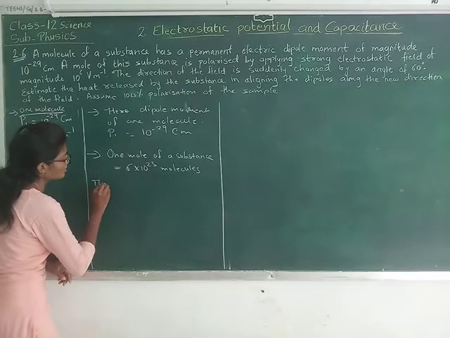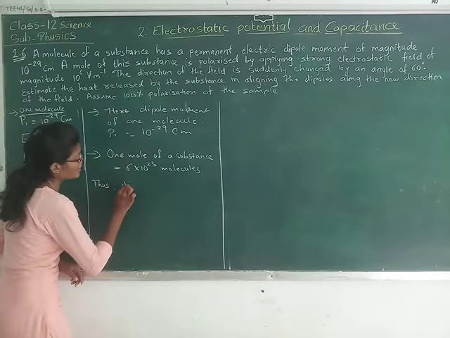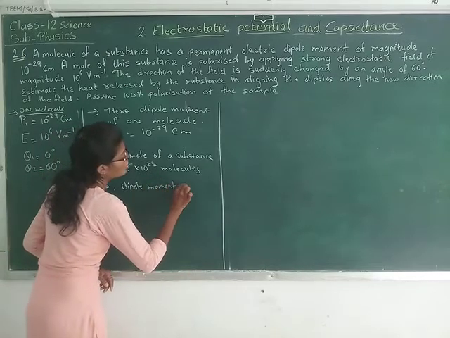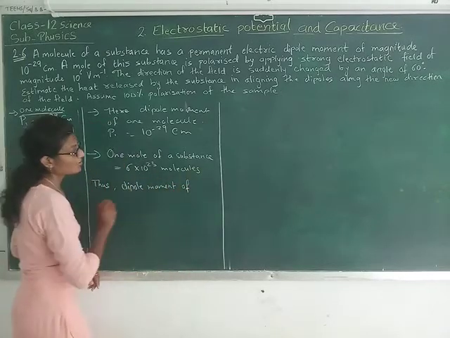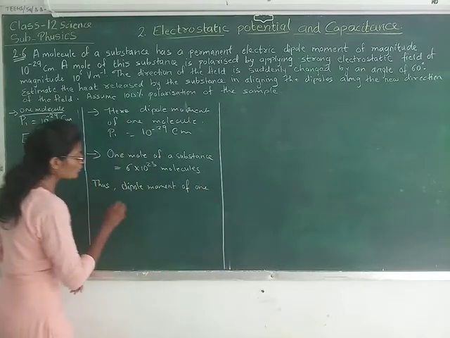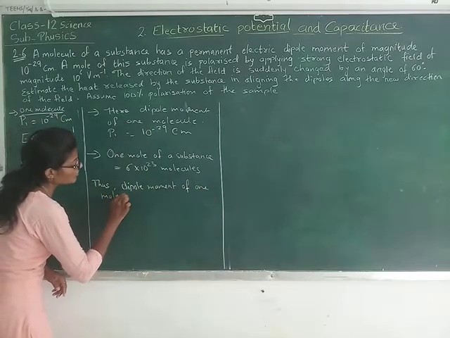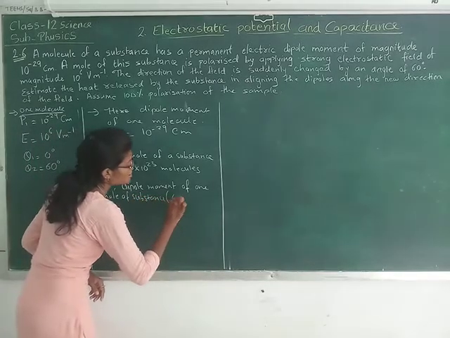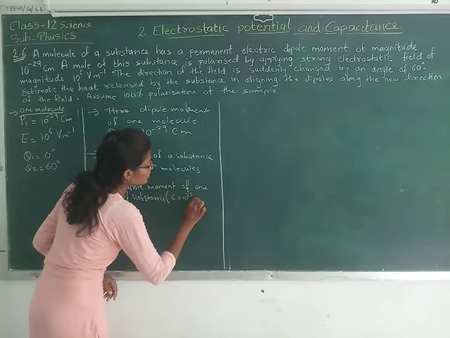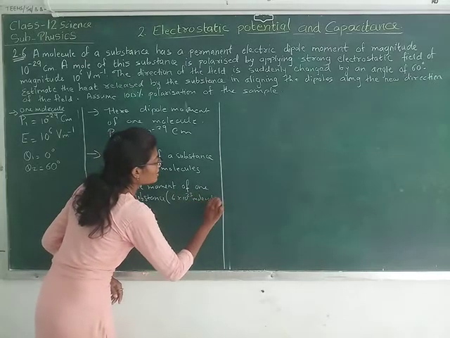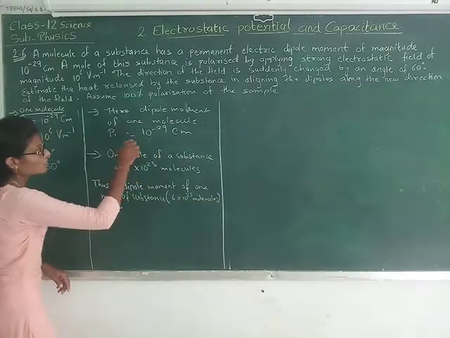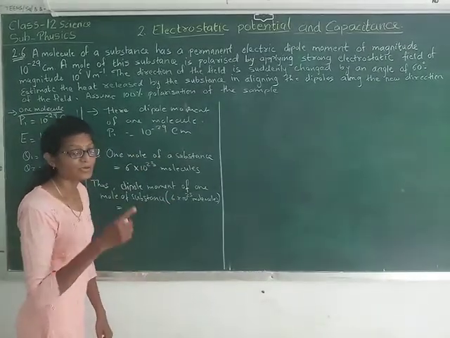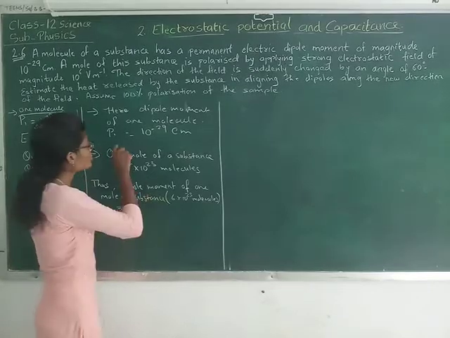Thus, dipole moment of these mole of substance, dipole moment of one mole of substance containing 6 × 10²³ molecules. One molecule has this much dipole moment, then 6 into 10 is to 23 molecules will have how much of the dipole moment?